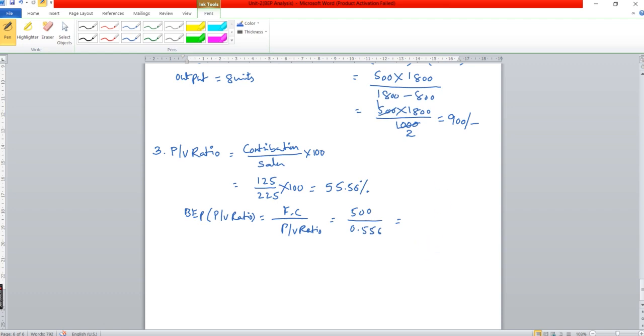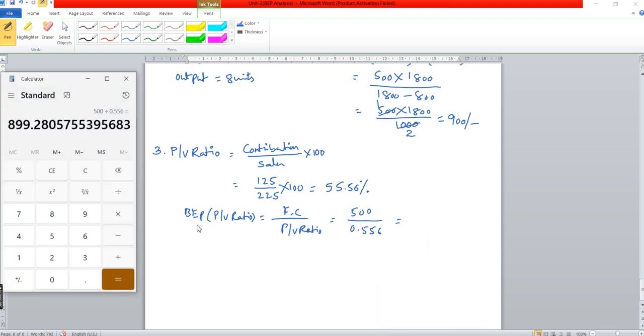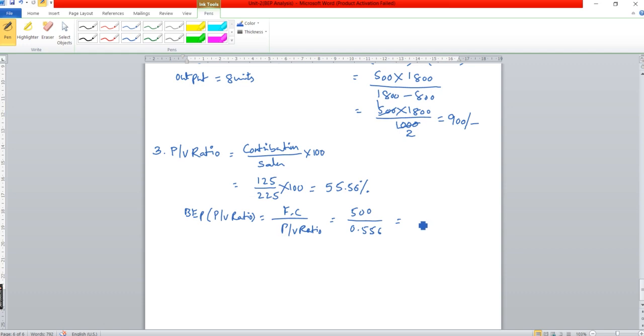If you want to calculate the exact figure, whatever value we got here, 125 divided by 225, we get 0.5 exactly, 500 divided by that, or as an exact value if you take it, exactly we are getting 899.99, which means we can take 900 rupees.